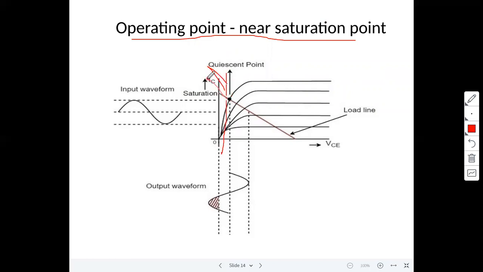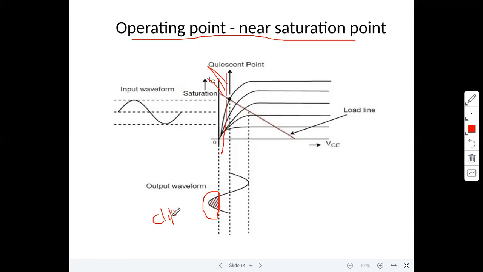Now observe here, a certain portion of the negative cycle is clipped off. The circuit now acts as a clipper, not an amplifier.